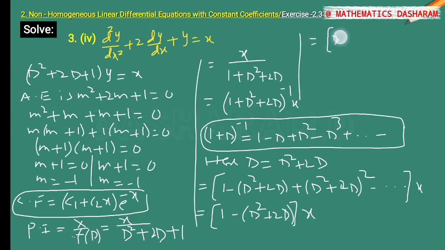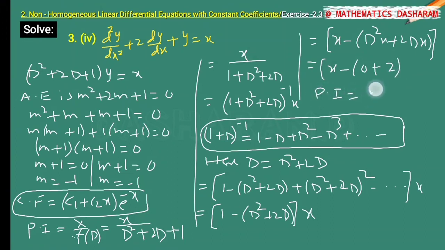It is equal to x multiplying inside, D square x plus 2Dx. So x minus, its answer is 0 because derivative 2 times of x is 0, and here 2 into 1 is 2.